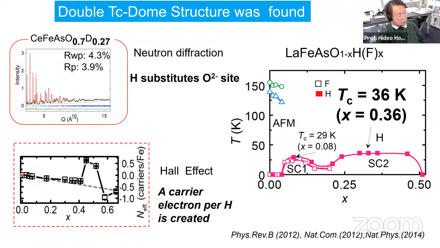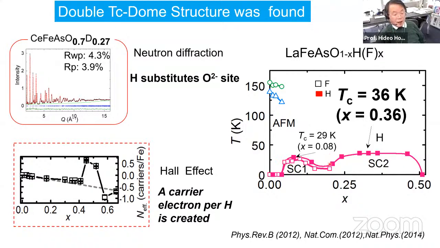Electron concentration is continuously going up. This is the inverse of the Hall coefficient. But anyway, carrier concentration increases with increasing doped hydrogen content. As a consequence, we succeeded in heavy electron doping.